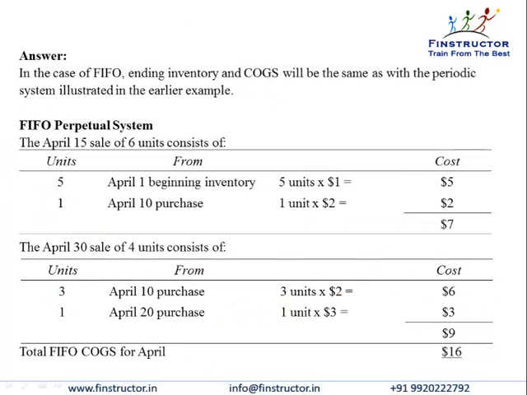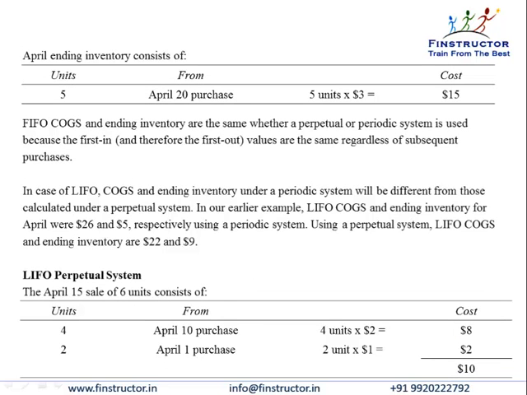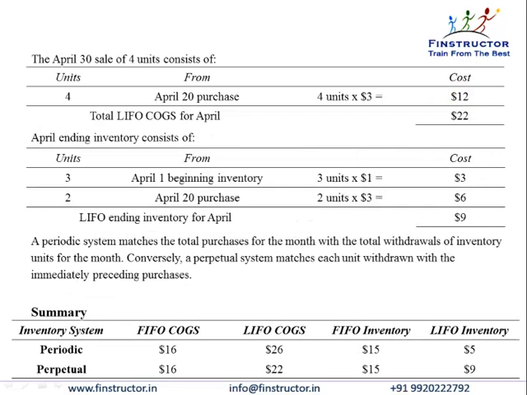So in the FIFO, our cost of goods sold would have been $16, ending inventory would have been $15. In the LIFO method, as we calculated, the cost of goods sold would be $22 and the ending inventory would be $9.